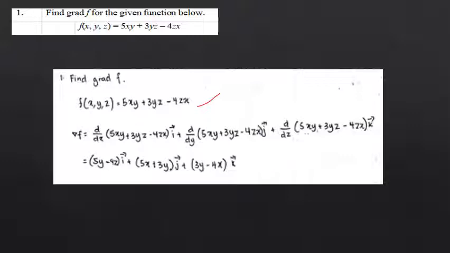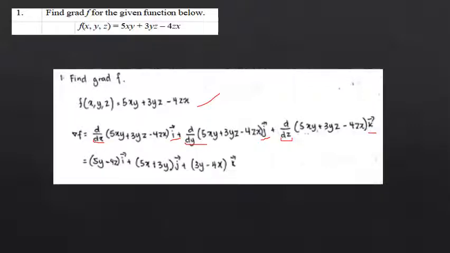From the function given, we will find the grad. So we will differentiate d over dx for every term here, for i, j, and k. So d over dx for the first one, second one d over dy, and d over dz.